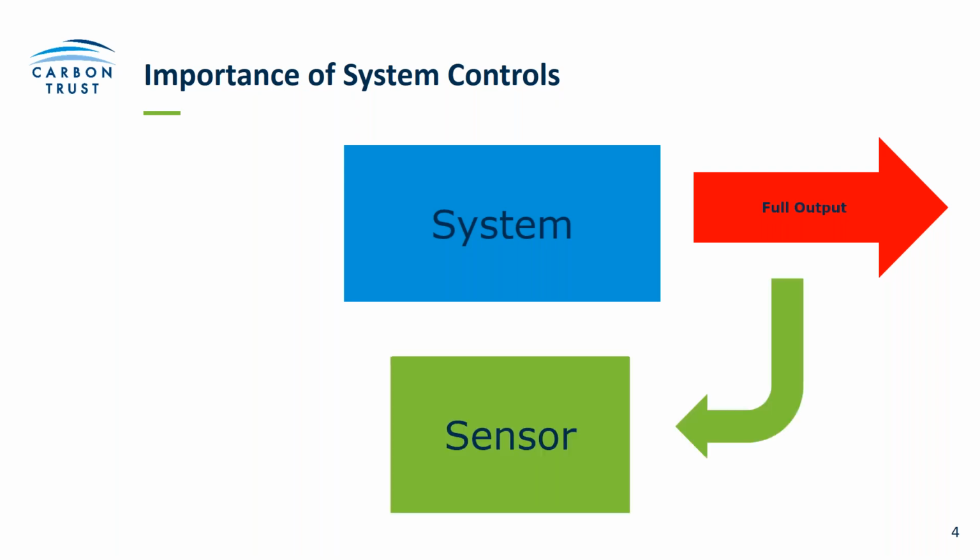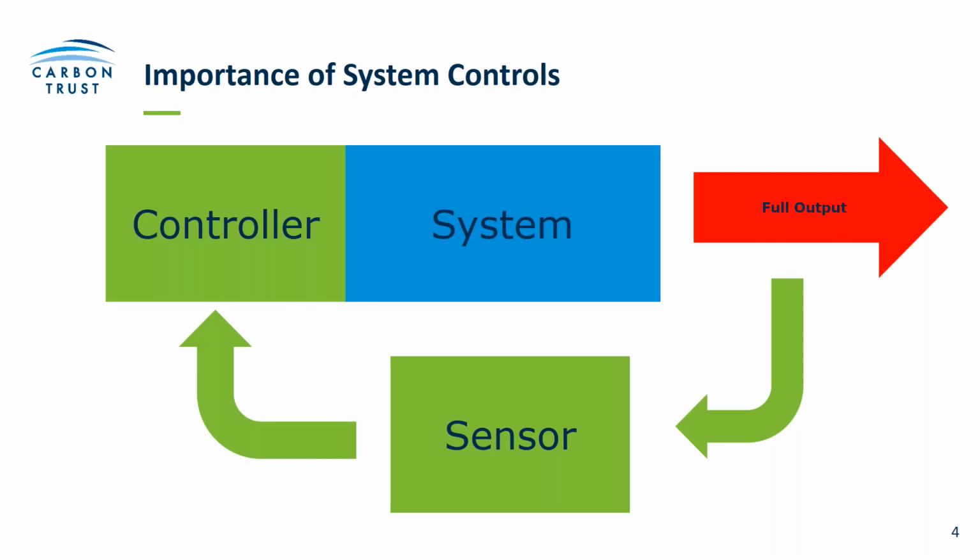So it takes a sensor such as a PIR or potentially a light sensor for lighting or a thermostat to understand what the impact of that is. And that then needs to be relayed back through to a controller, which can act to modulate the system output. That approach is common to all control systems.